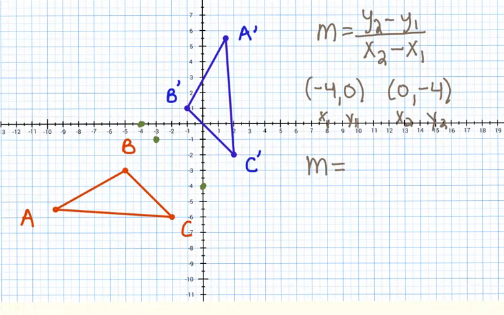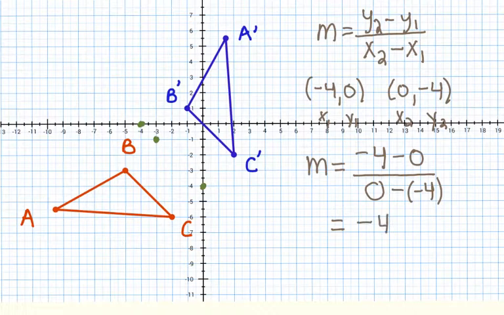So plugging those back in the equation, y2 is negative 4, minus y1 is 0, and for our x's, we have our x2, which is 0, minus our x1, which is negative 4. So we're going to go ahead and do some of our calculations here. On top we have negative 4 minus 0 gives us a negative 4.